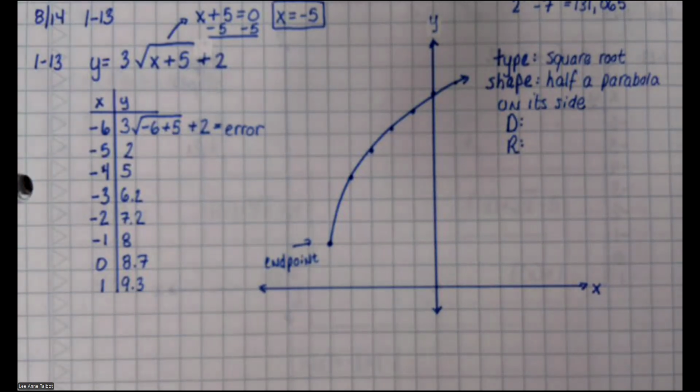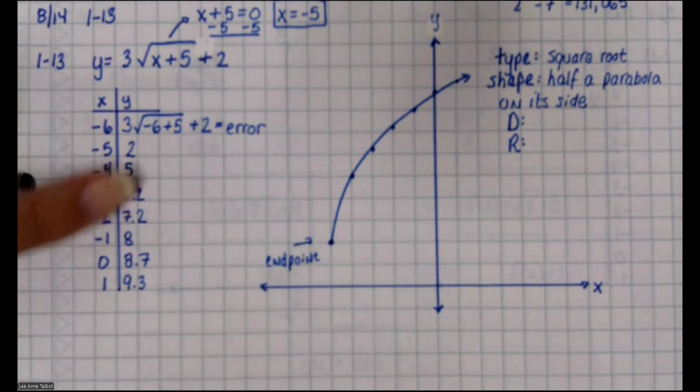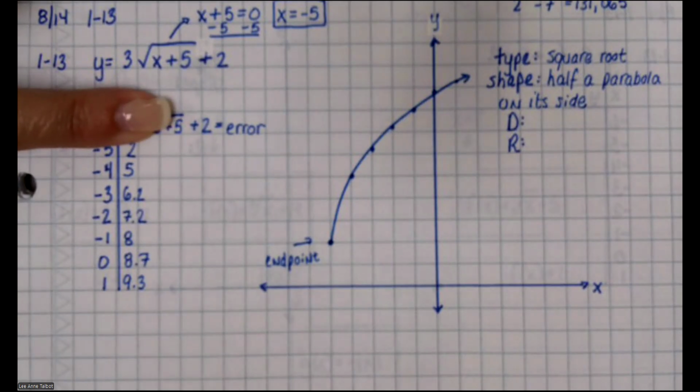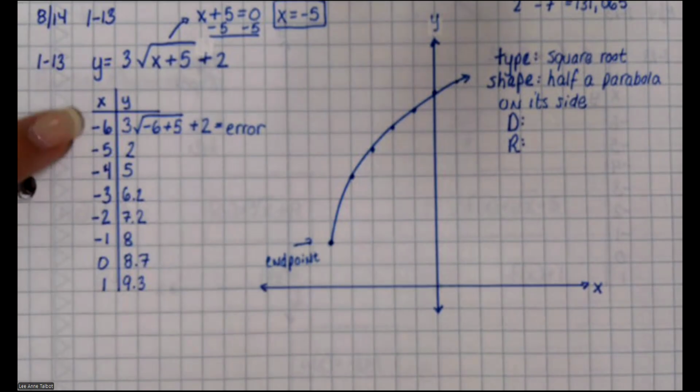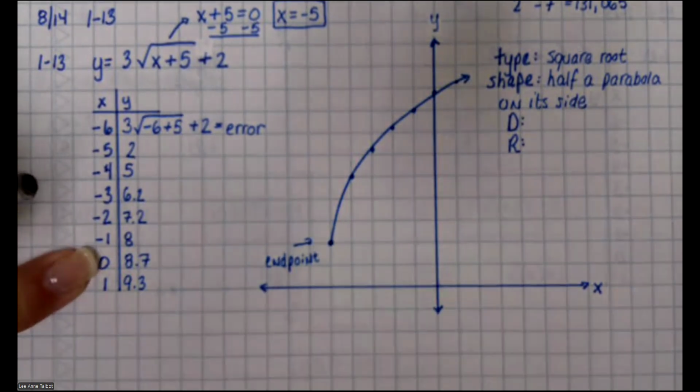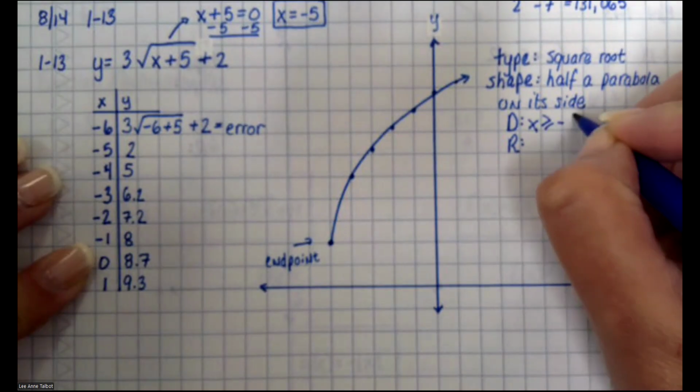Okay, now the domain and range are great for these, especially if we're learning domain and range. You can get it straight off of your table once you figure out where your endpoint's going to be. My domain is everything above and including -5. So x is greater than or equal to -5.